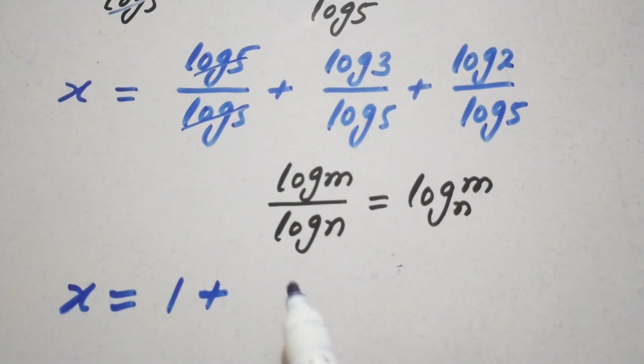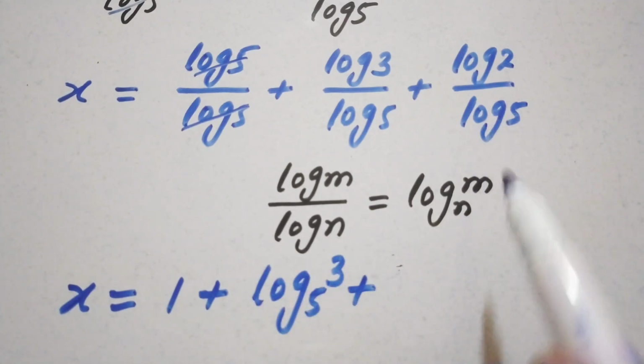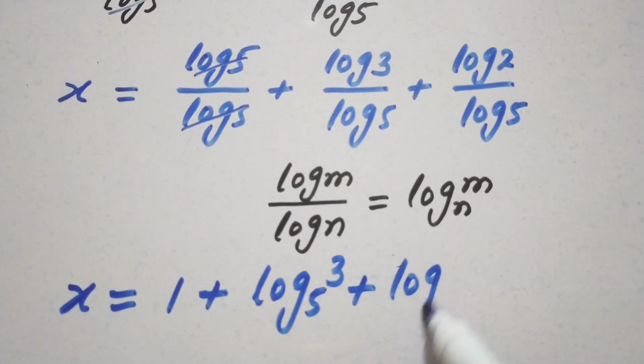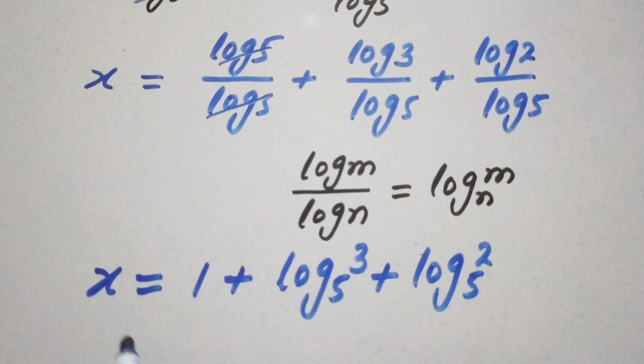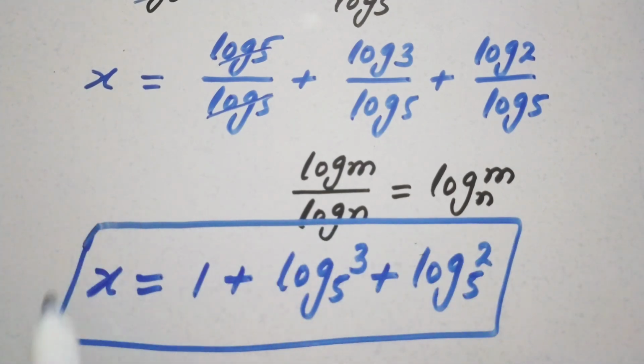We use this logarithmic property here, so this will become log of 3 to the base 5 plus log of 2 to the base 5. So this is the value of x we have found by using different logarithmic properties.